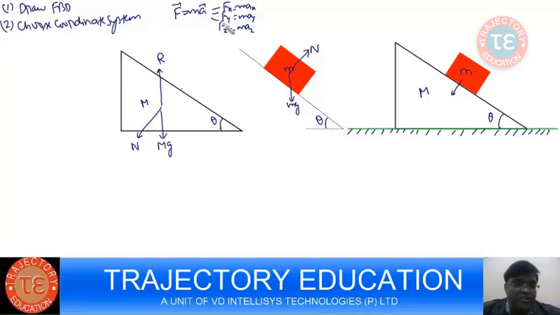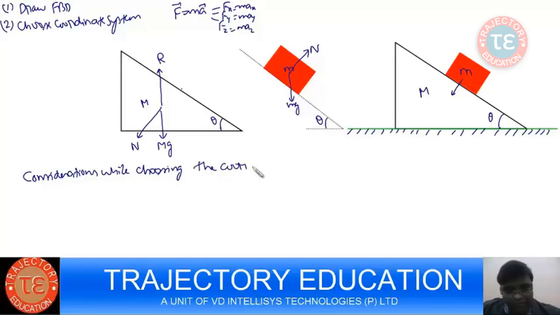And for that we have to choose a coordinate system because we want to apply Newton's second law in component form. When you choose the coordinate system, you have certain considerations while choosing it.